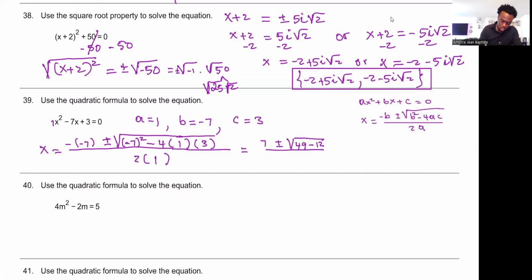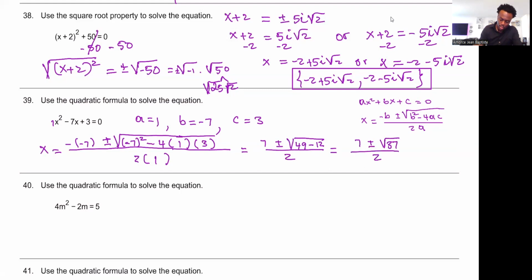over 2. And then the two solutions are, after simplification, 7 plus or minus the square root of 37 over 2.